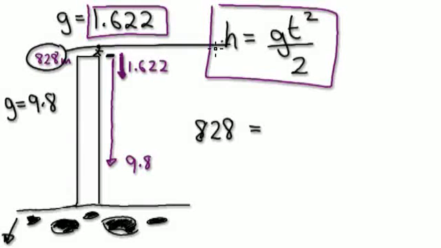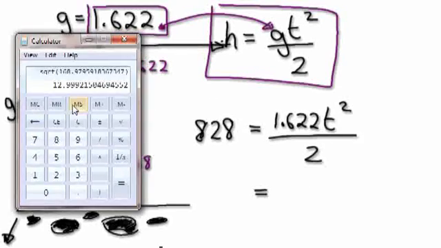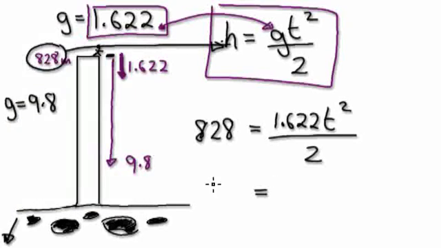So we put this into the H. Because now we are on the moon, we've got to put this into the G. So gravity on the moon is 1.622, and then remember we've got our T squared over 2. Now we're trying to work out T. So 828 times 2 equals 1656.